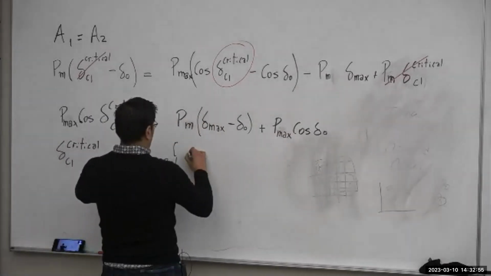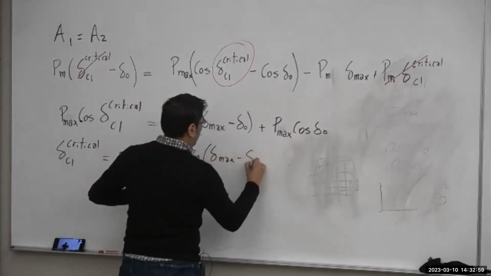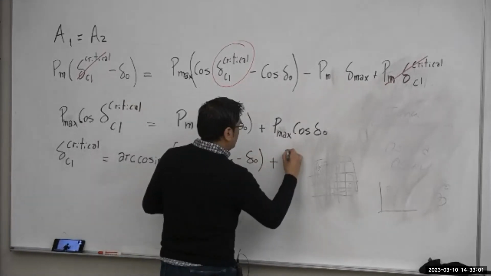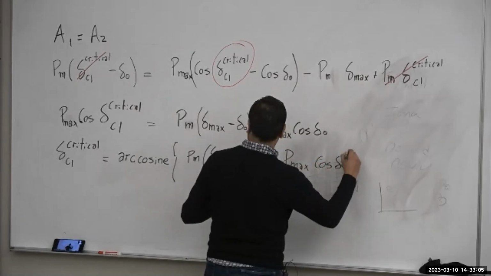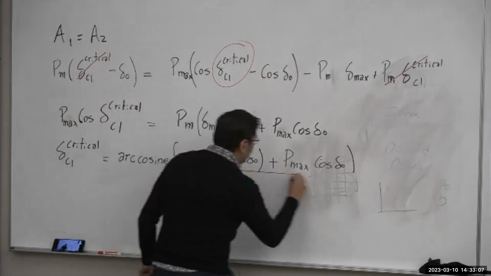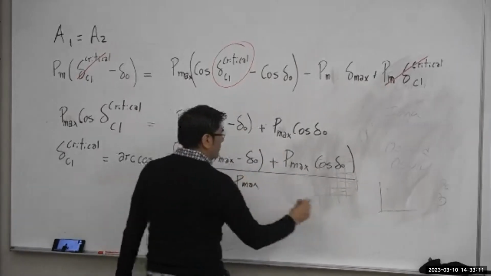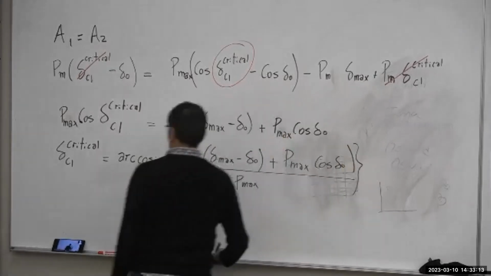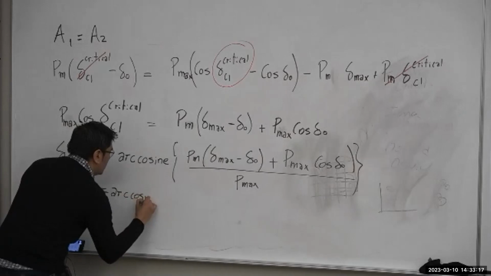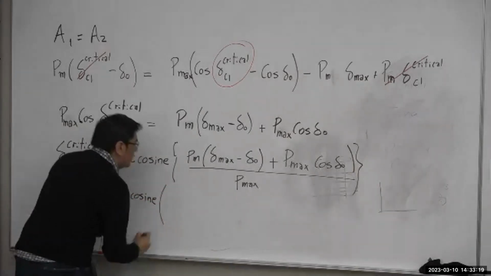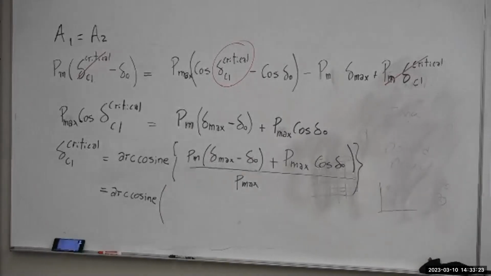So it's going to be PM delta max minus delta zero plus P max cosine of delta zero, all divided by P max. So we evaluate this, and we see what we obtain.